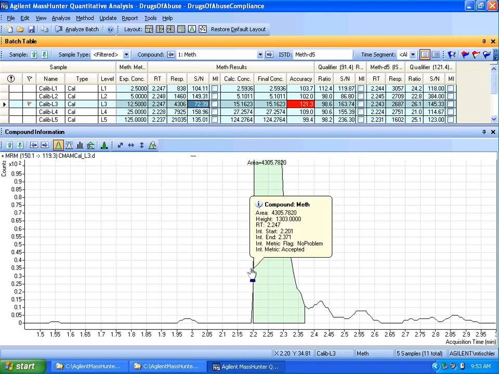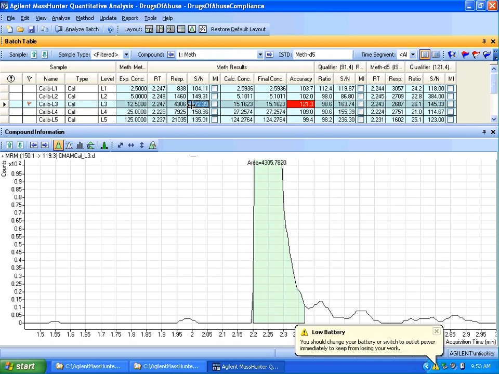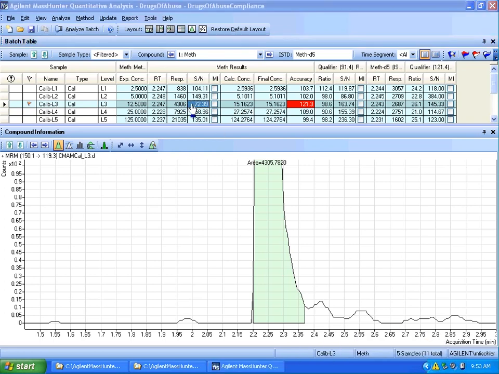Let's take a look at the peak that we've got here and the amount of noise that's associated with that particular peak. So this has a lower signal to noise, and that would mean that the noise has gotten significantly more than the signal.